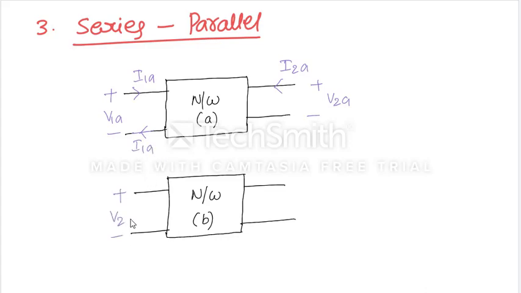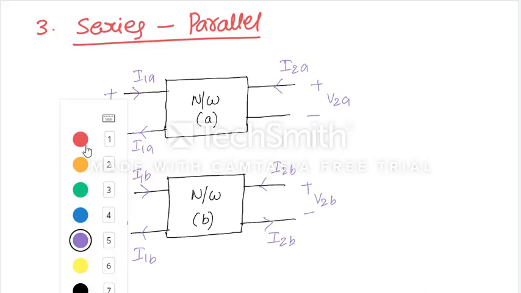This is V1B, second network notations. This is I1B, and this is V2B, this is I2B, like this. We have like this, isn't it?